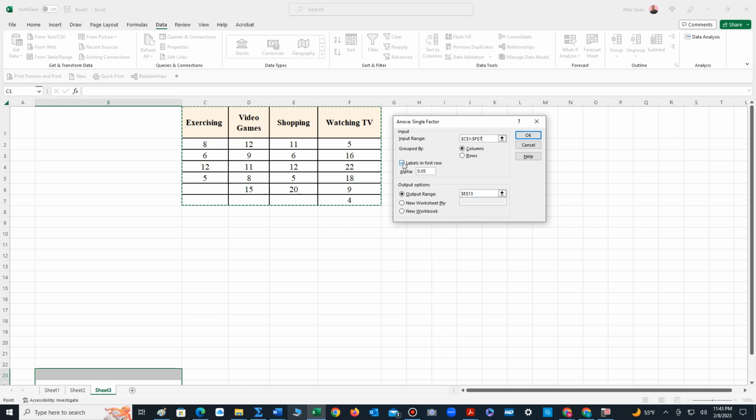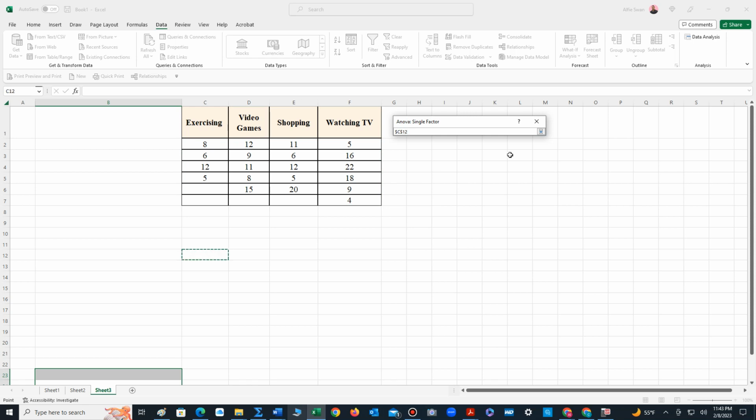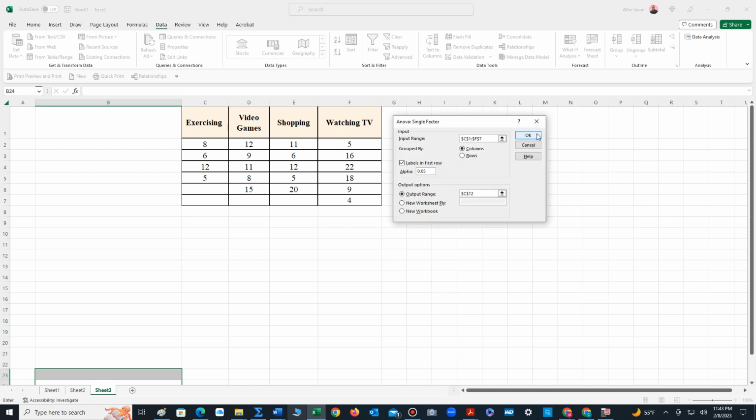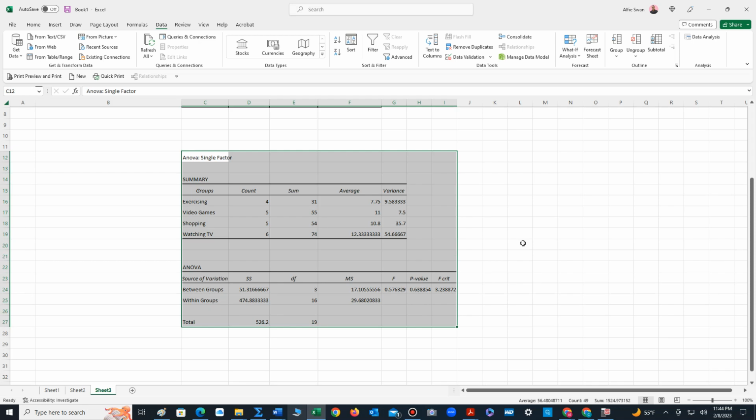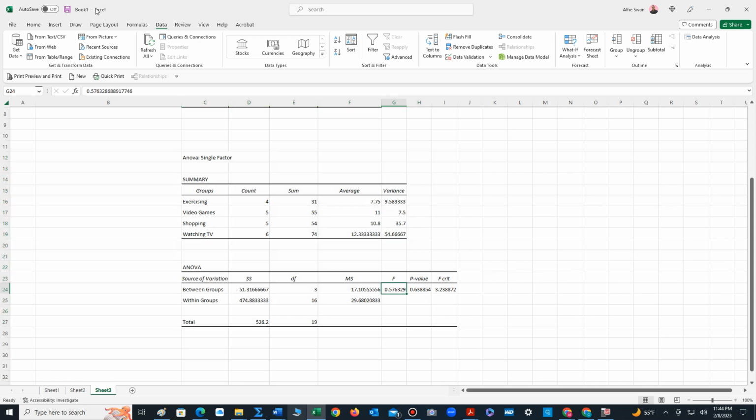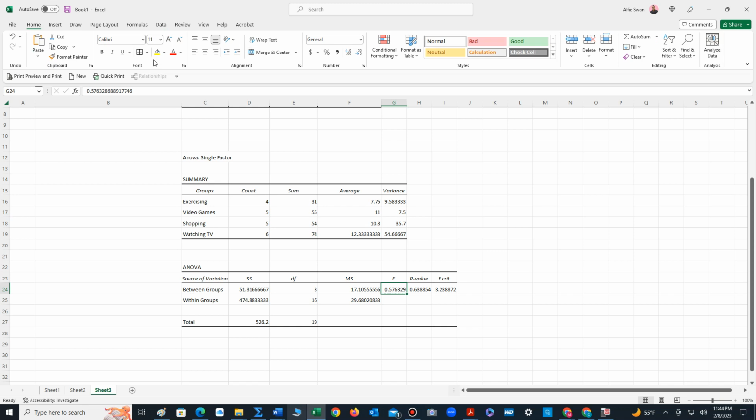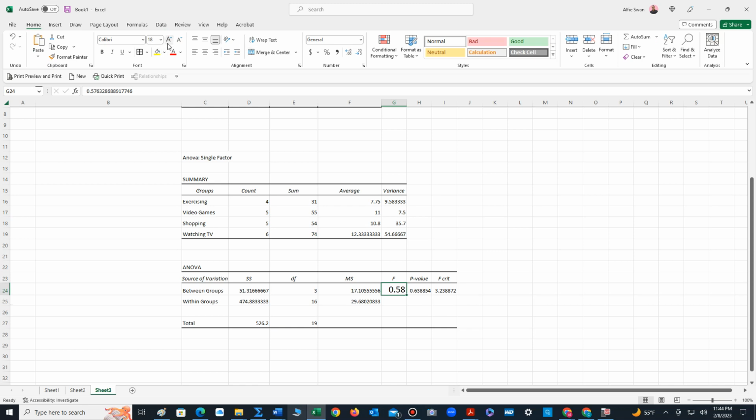Alpha's 0.05, click on labels in the first row. Output range, let's output it over here. Press OK. What matters to us is only this F. Everything else is not important to us at this stage. All that matters is our F value, our test point, and that's going to give us 0.58.